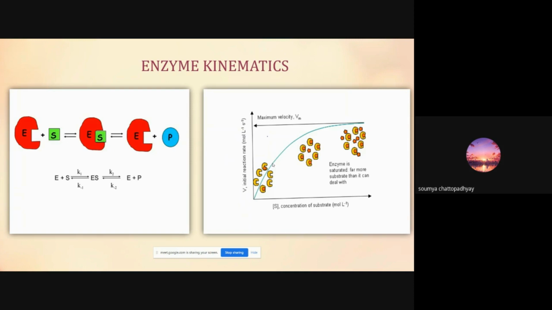Because every active site has already been saturated, every active site has been taken. At that time it's said to have attained maximum velocity. Even if you give more substrate, it will not change and it will be stagnant. So if you increase the substrate, the rate is going to increase for some time and then it's going to attain its maximum velocity and stop.